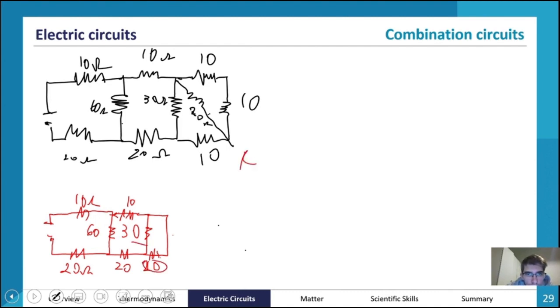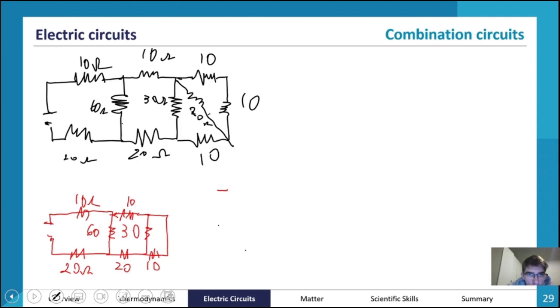So that would be R is equal to 1 on 30 plus 1 on 20. That's going to be 50 on 2, so that's 25 ohms. So this thing here, we would have to redraw, and say that it is equal to 25 ohms, right?